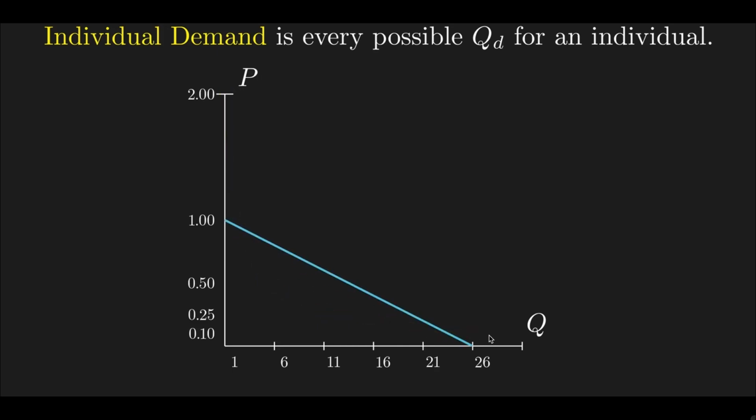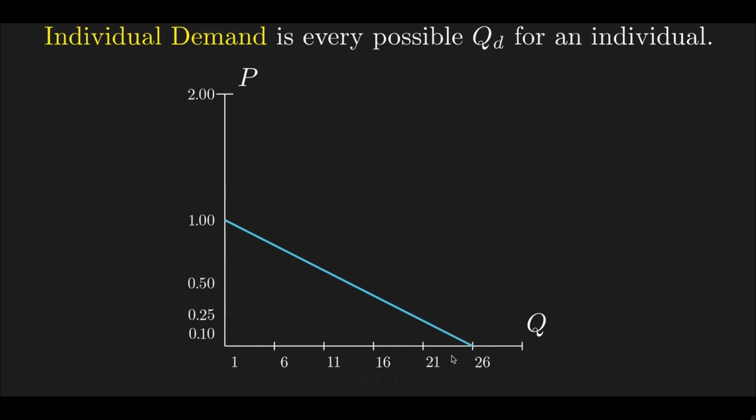So in this class, we're going to make our lives simple and represent individual demand and demand curves generally with a linear relationship like this. It's not going to change any of the results we talk about this semester.